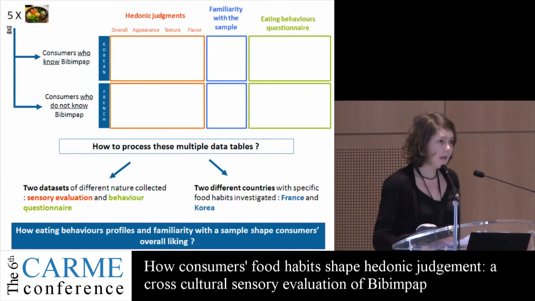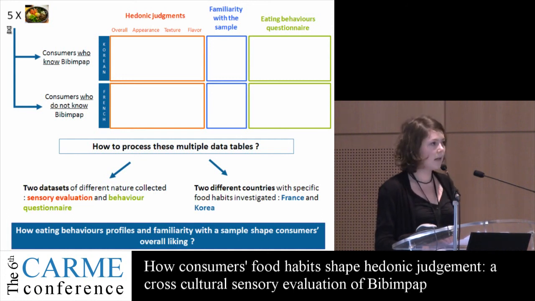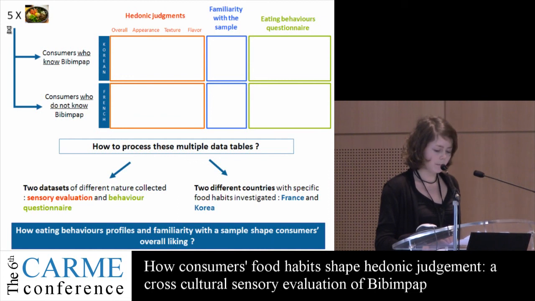An original database has thus been collected. French and Korean consumers sampled 5 recipes of bibimbap, differing in the type of rice used, for example, basmati rice or a Japanese one. First of all, the testers had to report their hedonic judgments in terms of appearance, texture, flavor, and overall liking. They also had to evaluate their familiarity with each sample.